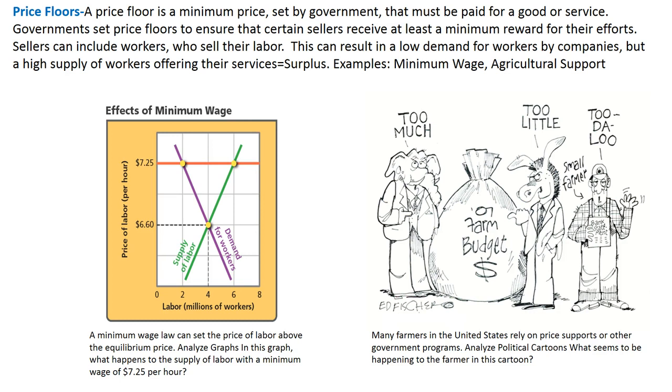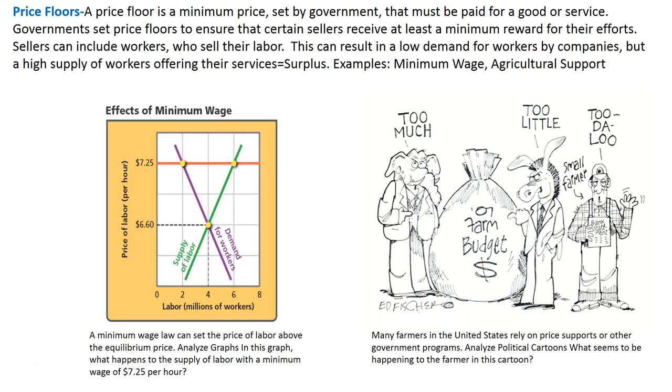Now, price floors would be the opposite. This would be the government puts in a price for a good, like wages for labor, but you can't go below it. So let's say they've set the market rate at the current minimum wage of $7.25, but the market really for certain jobs should only be paying $6.60, as you see here on the graph.